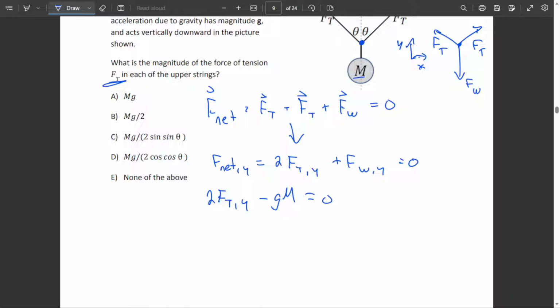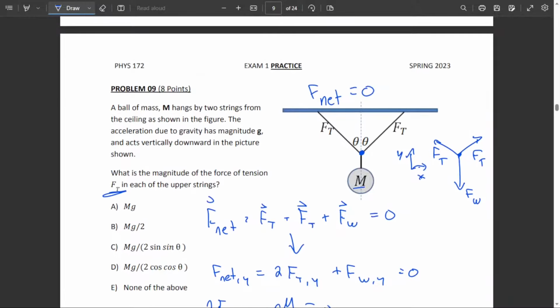So now we have to calculate the force of tension in the y direction. In order to do that, if we look back at our picture, it's not a straight line. It's going to be based off of projecting this force onto the y-axis and then finding this length. So, if we look at our right triangles, we have the force of tension down here, force of tension in the y direction, and then theta.